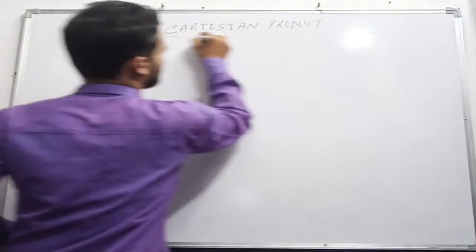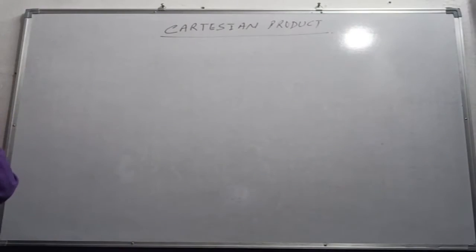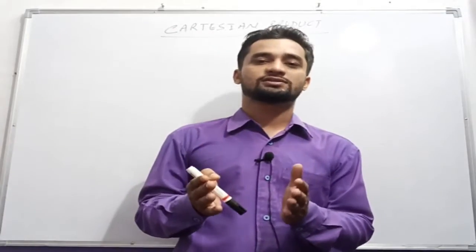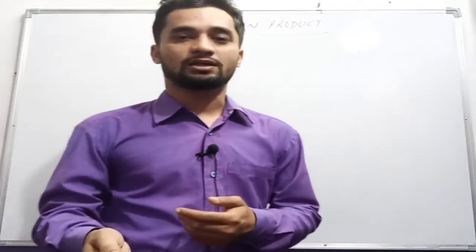Cartesian product. So first thing, Cartesian product of two sets. In this video we are going to see what is a Cartesian product and how to find the Cartesian product.